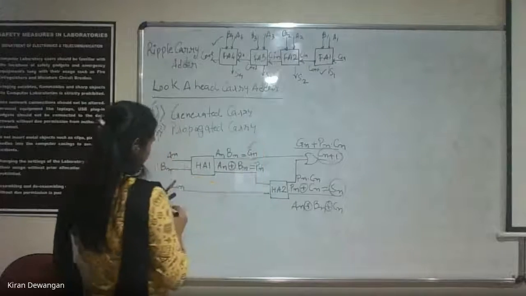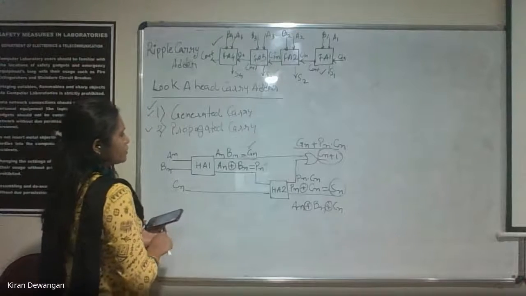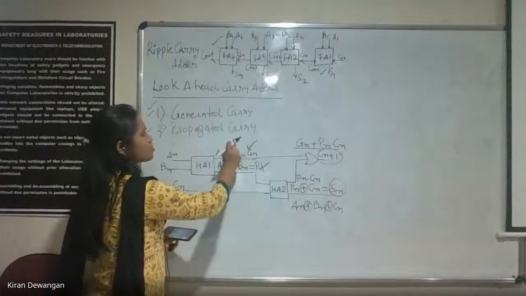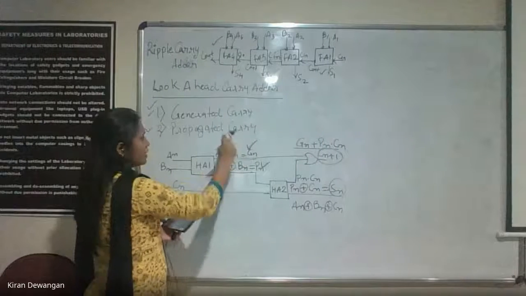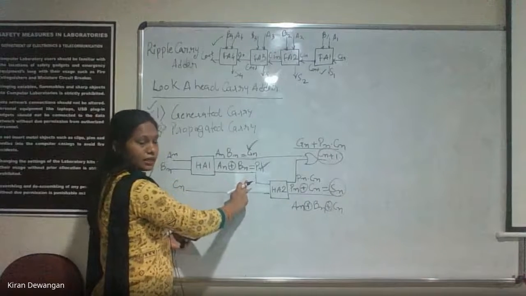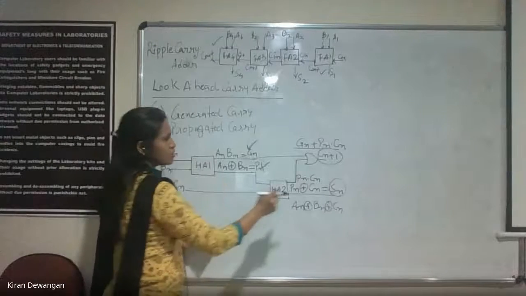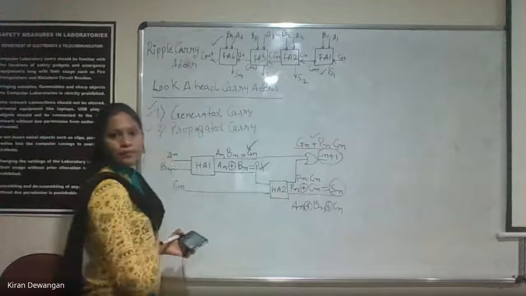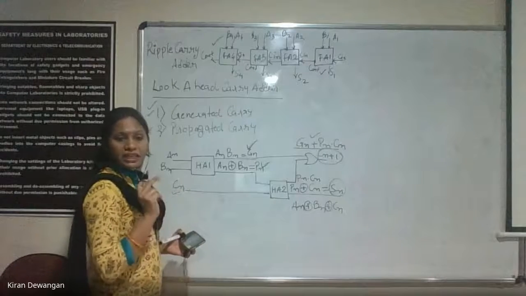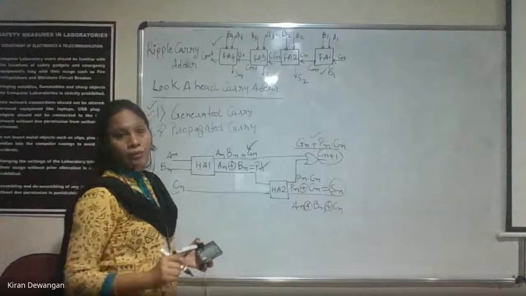These are the two carries. इसको हम generated carry इसलिए बोलते हैं because it gets generated directly, and this is a propagated carry because it is propagated to the second half adder to produce the final carry out along with Cn. Are you getting my point? So basic concept lies here, the generated carry and the propagated carry.